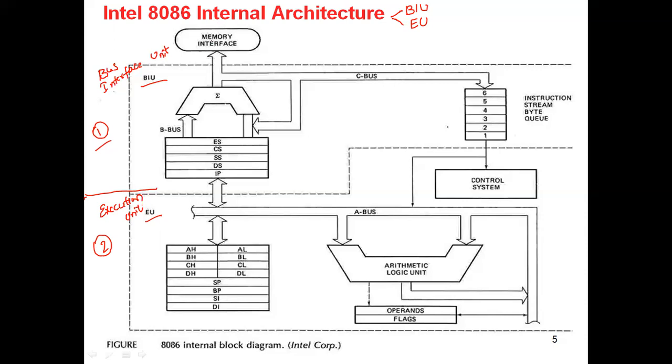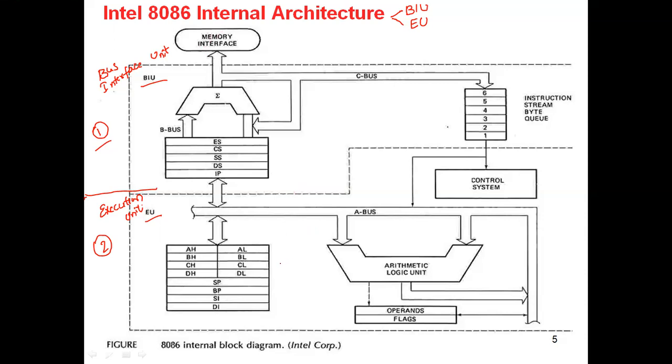First tell me regarding the execution unit. The execution unit gives instructions to the bus interface unit, starting from where to fetch the data, and then decoding and executing those instructions.